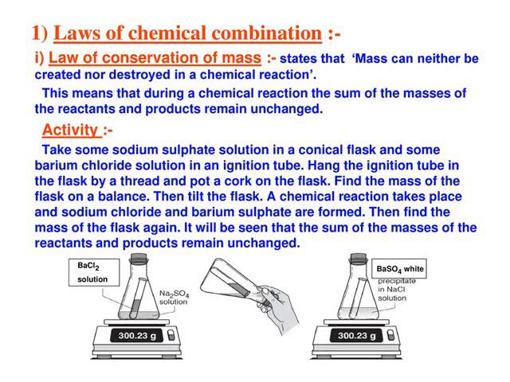So already we have stated the law; again, the statement is mass can neither be created nor destroyed in a chemical reaction. This means that during a chemical reaction, the sum of the masses of the reactants and the products remains unchanged. So what is the meaning of this? If a chemical reaction is taking place, we need at least two chemicals to get mixed up. That we call reactants.